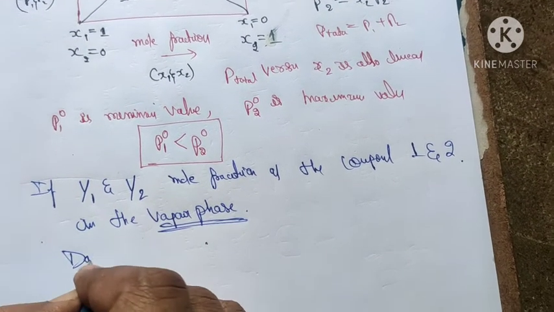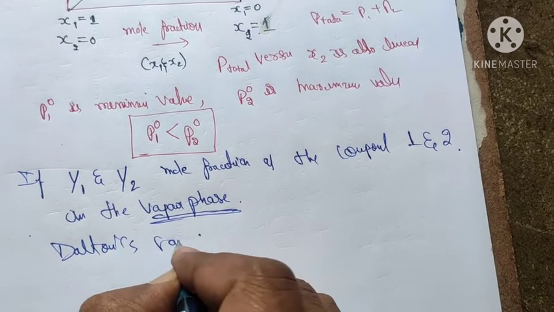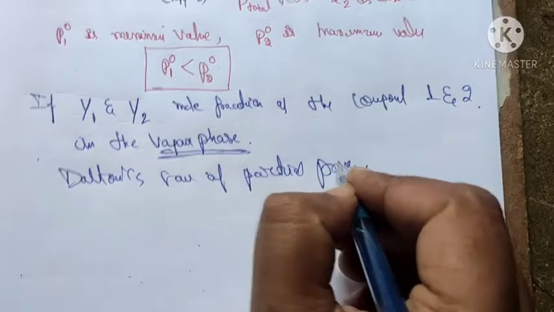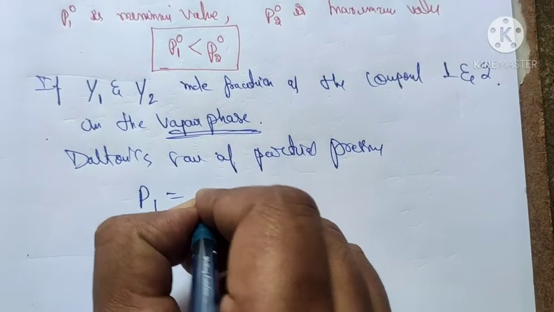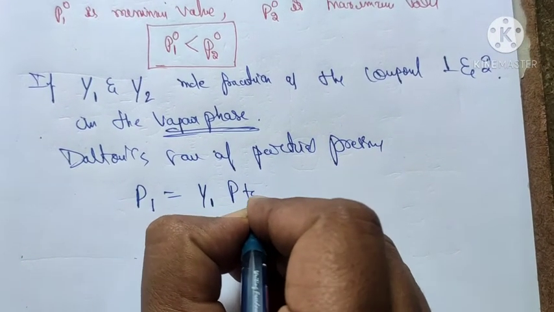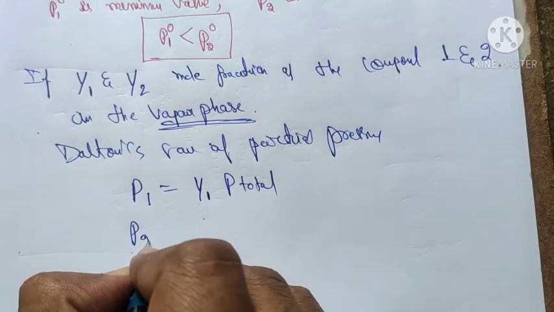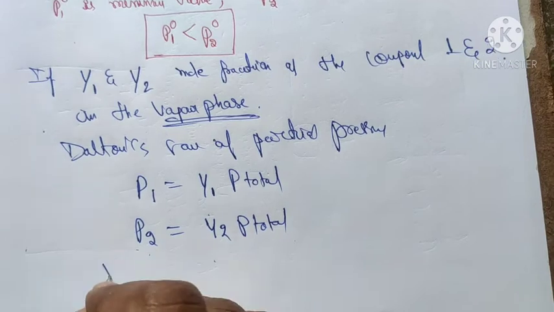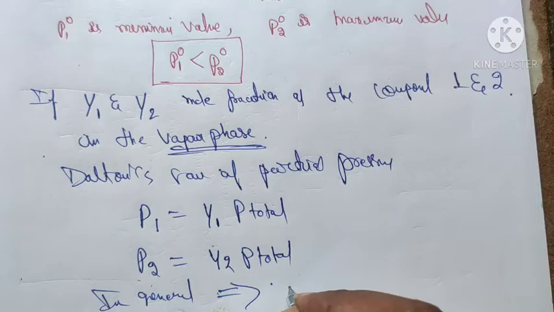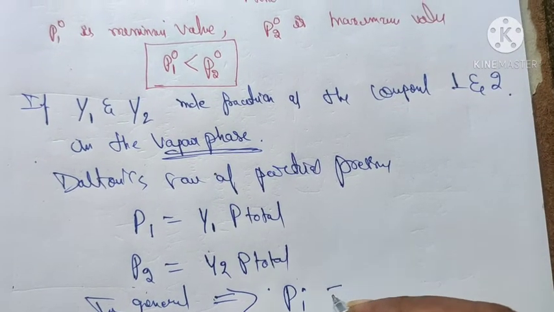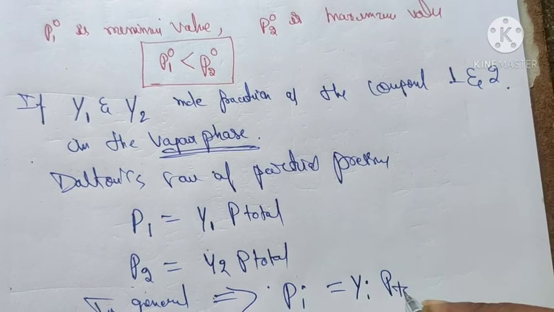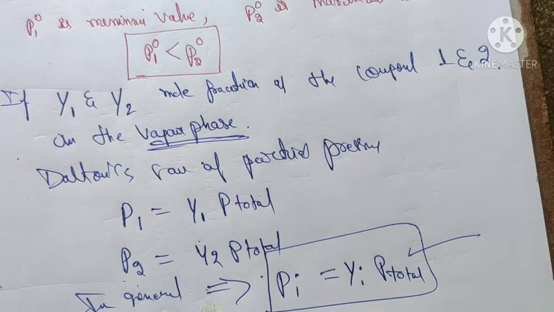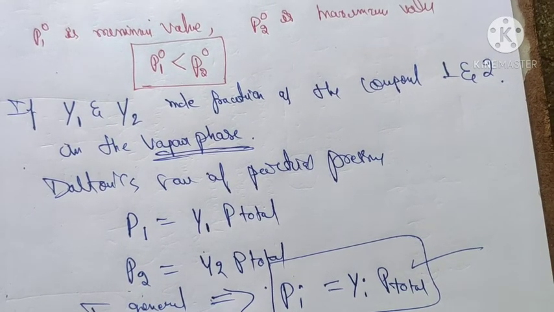According to Dalton's law of partial pressures, P1 is equal to y1 P total and P2 is equal to y2 P total. In general, Pi equals yi P total. This is one of the important equations for problems.